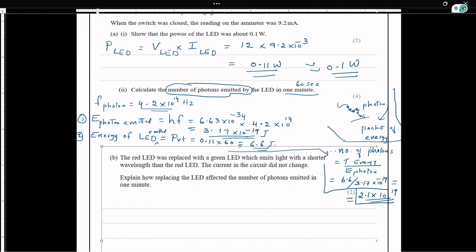So I calculated the frequency, I calculated the energy of each photon emitted, then I calculated the energy of light emitted by the LED, which is 6.6 joules. So total energy over energy of one photon will give the number of photons. So here is the answer. Number of photons emitted, I'm getting an answer of 2.1 times 10 to the power of 19. These many photons are emitted.